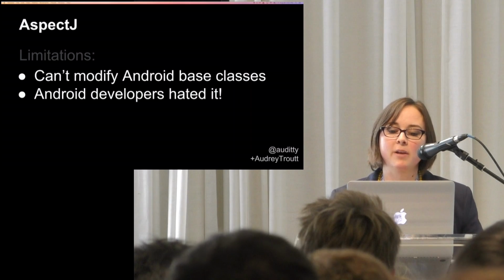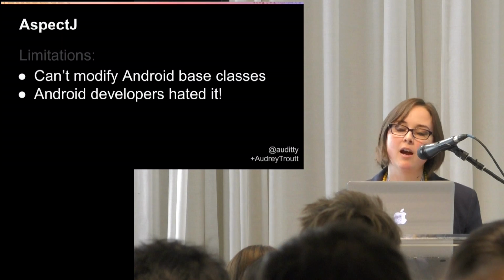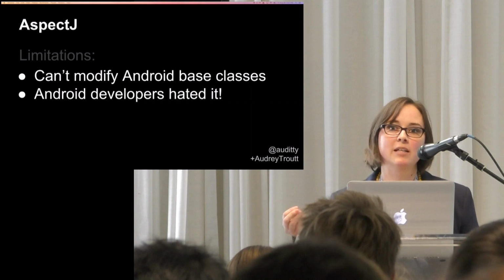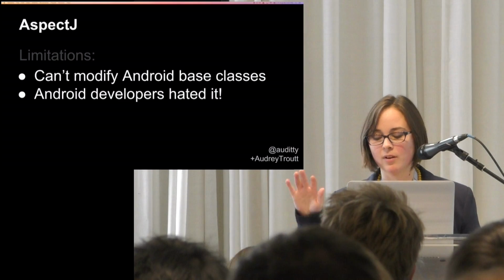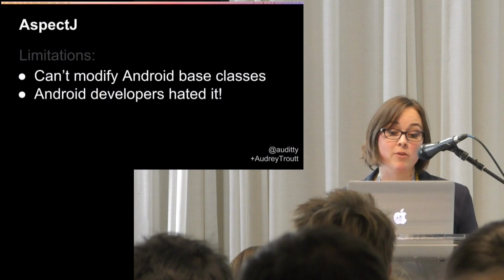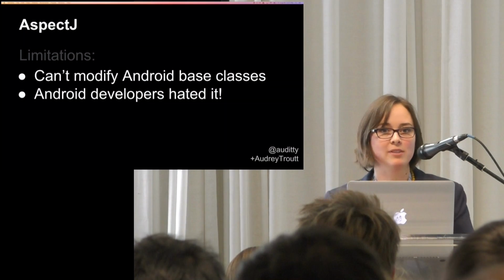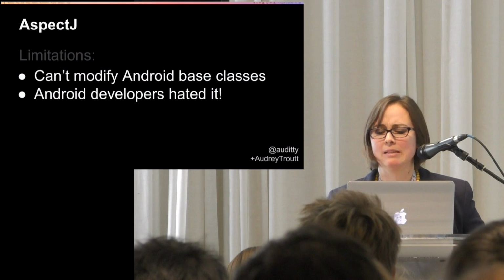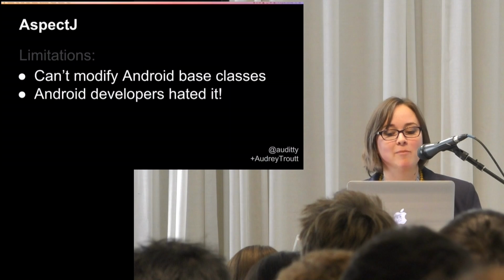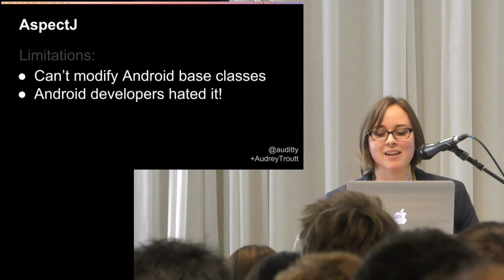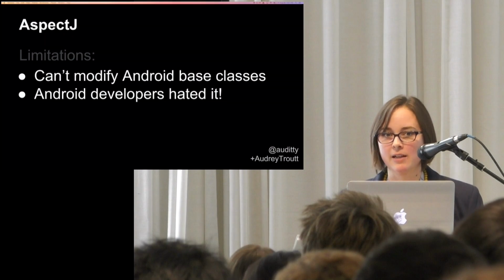It was also fragile because the inner type declarations had to be generated with every build to be kept up to date. There weren't a lot of plugins existing for, at that time, Eclipse and Ant builds. But even with Gradle, the Android build tools and the AspectJ Java build tools hadn't been married together yet. And they still haven't as far as I know. Because of this, I still don't recommend AspectJ for other libraries on Android unless you're willing to do a lot of work on build tool and IDE integration.